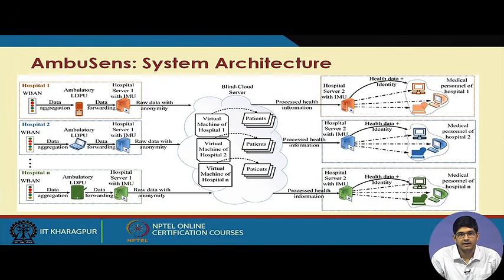Now, as I have already explained, the different modules of the Ambusens system work together to achieve real time monitoring.